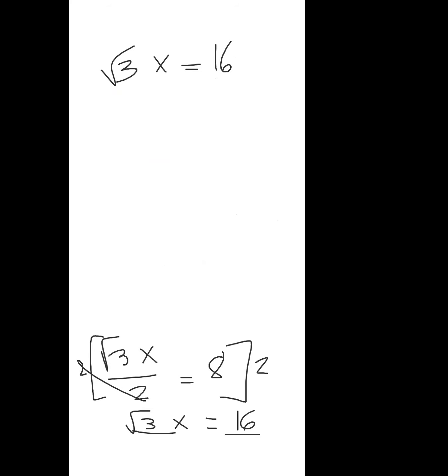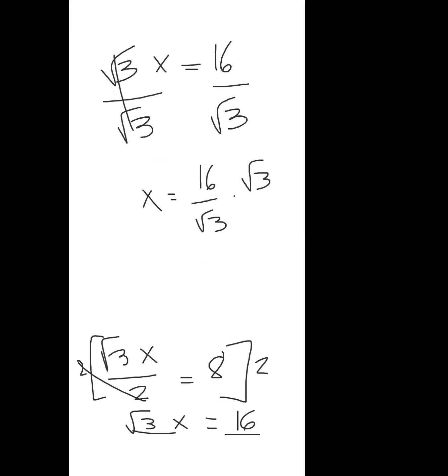I-divide both sides by square root of 3. Then makakancel ito. X is equal to 16 over square root of 3. And rationalize square root of 3. 16 multiplied by square root of 3, that is 16 square root of 3.